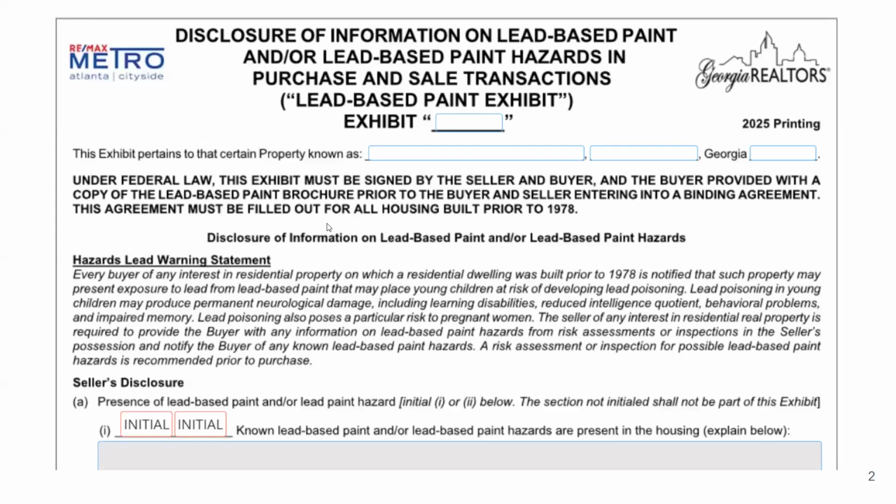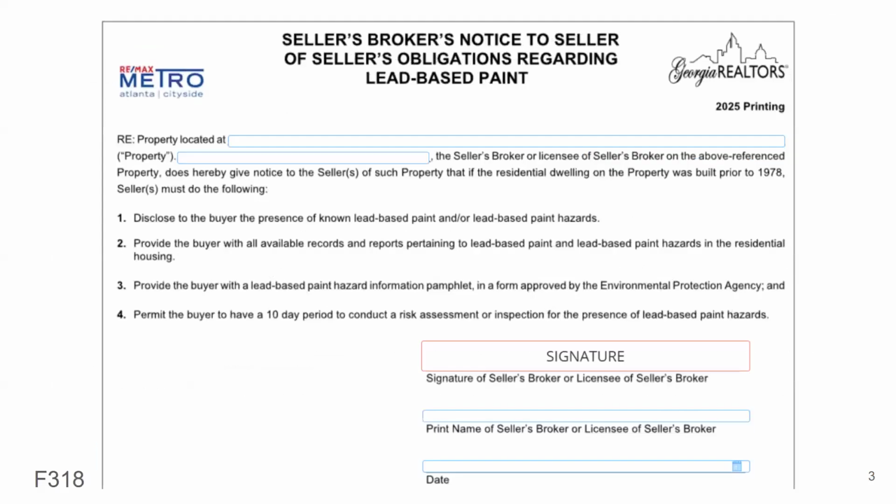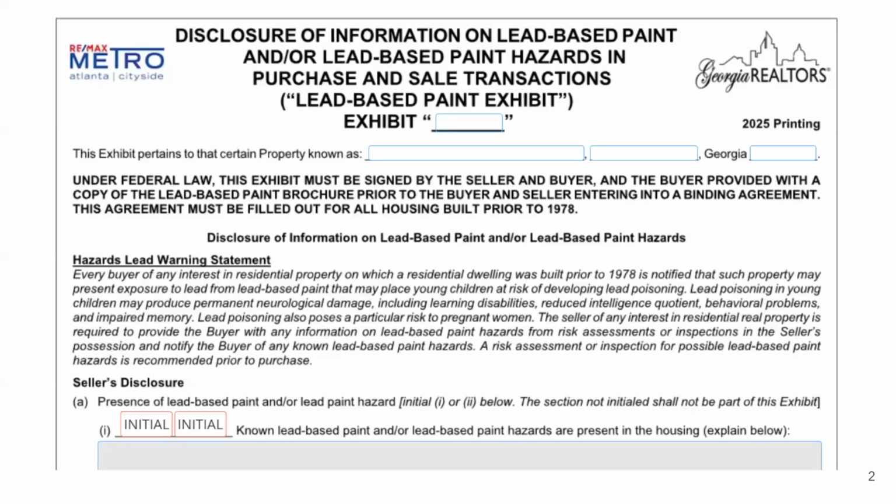In theory, this form does cover everything that it needs to say. For example, it says up here that they have to give the lead-based paint brochure prior to the buyer and seller entering into a binding agreement. It says that you understand your responsibilities and the 10-day period and all those sorts of things. But again, look at the simplicity of this form compared to this form.